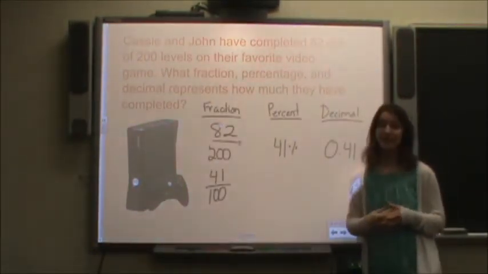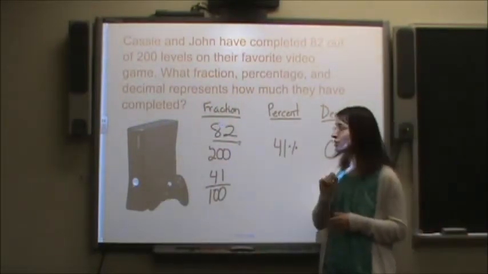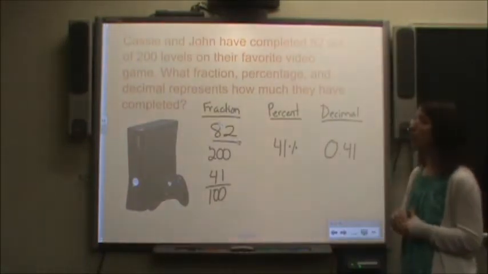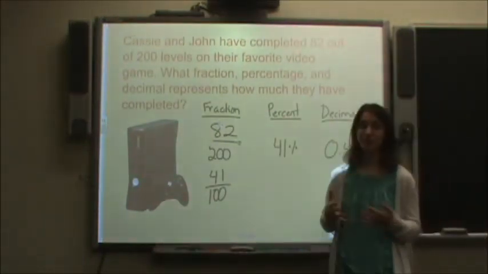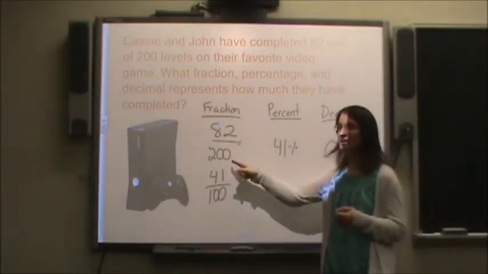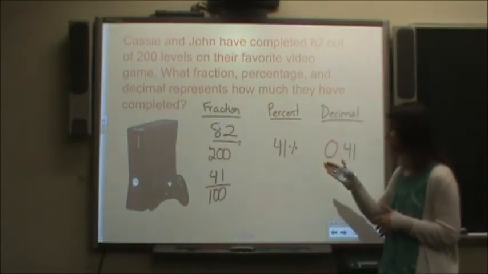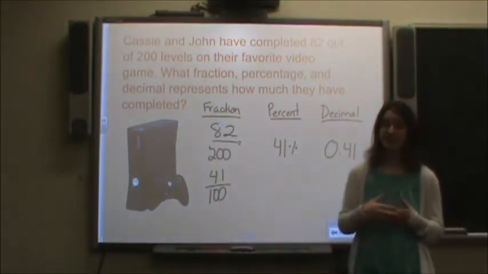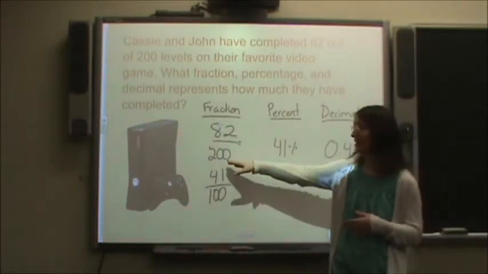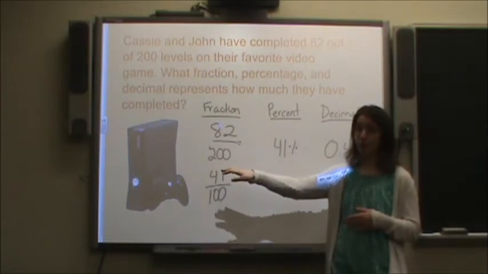You have to be really careful on this one, because if you wrote out your fraction initially as 82 over 200, because that's how many levels there are all together, so 82 are completed out of the 200, then you realize that the denominator was not 100. In order to make an easy conversion from fraction to percent to decimal, it has to be out of 100. You can't just say 82% when it's out of 200, because that's saying 82 out of 200, not 82 out of 100.